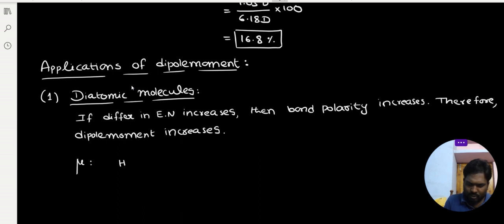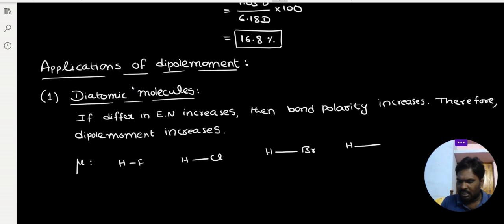Here: hydrogen fluoride, hydrogen chloride, hydrogen bromide, hydrogen iodide. Clear? Hydrogen electronegativity, we know very well, is 2.1. Fluorine 4.0, chlorine 3.0, bromine 2.8, iodine 2.5. Understood?